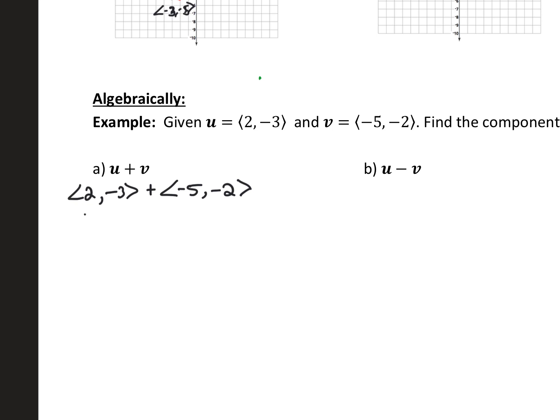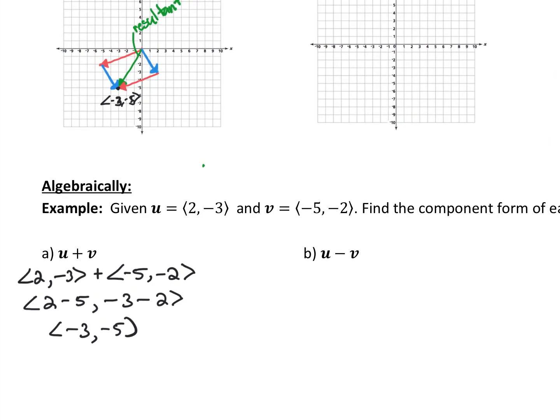That means I'm going to add the x components to the x component. So 2 plus a -5 is 2 minus 5. And then -3 minus a -2, I'm putting it in component form here because I'm now going to find my resultant x value, which is -3, and my resultant y value, which is -5. So it does match.